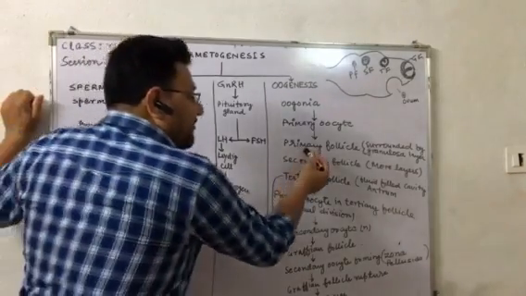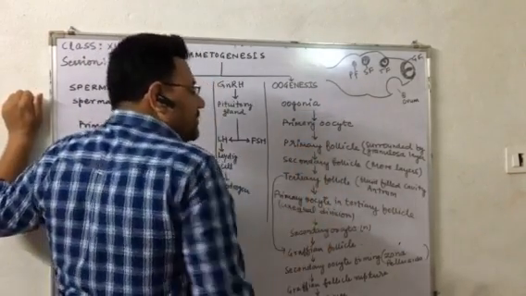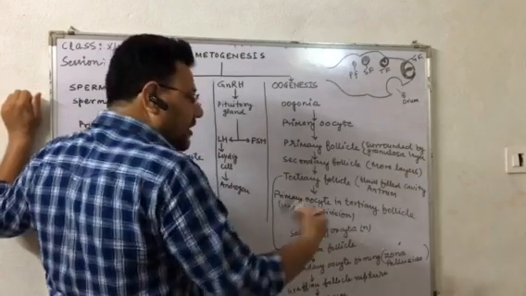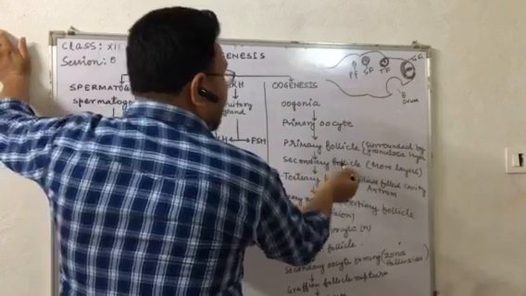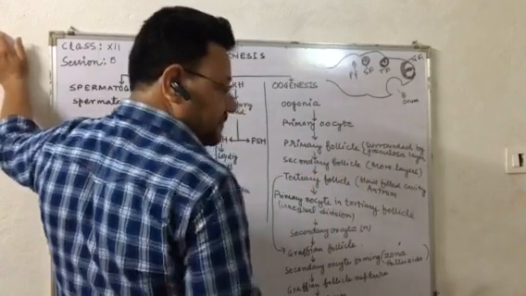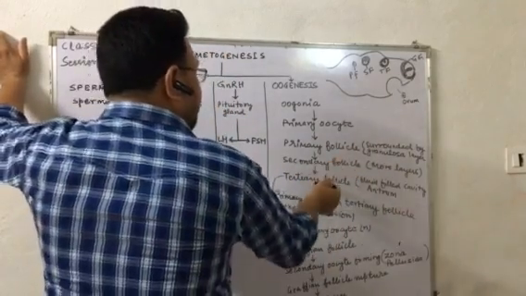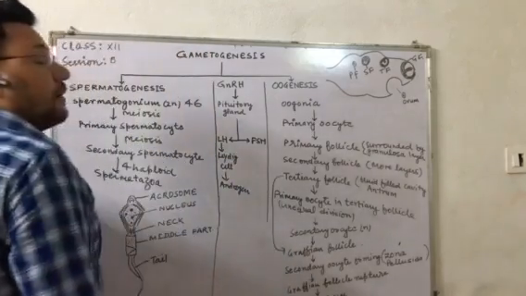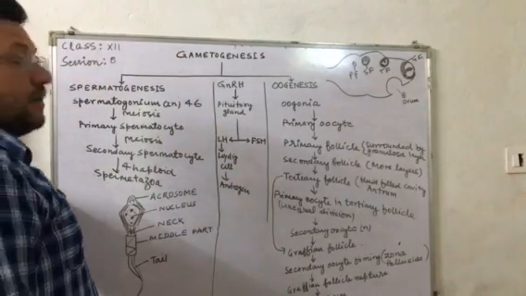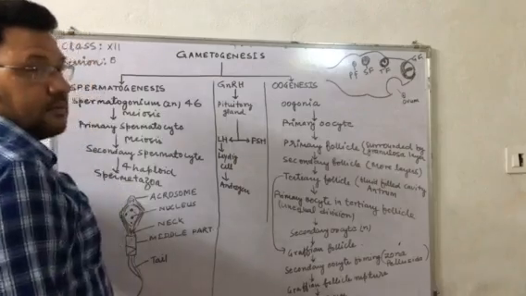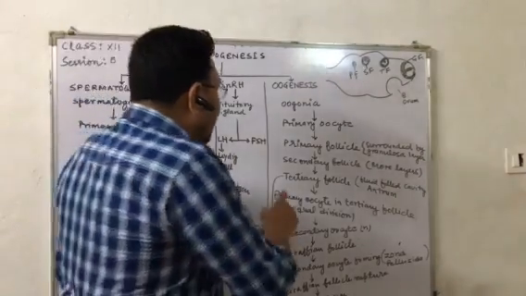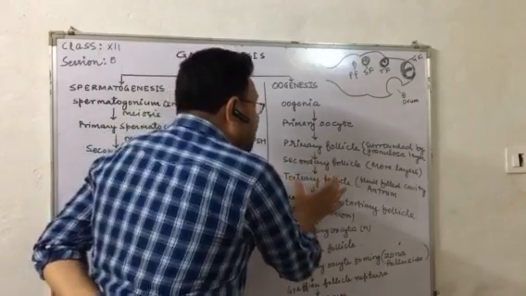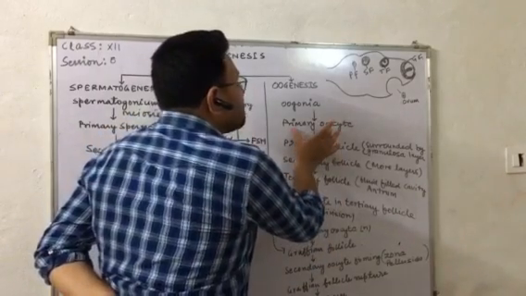When this primary follicle is further surrounded by more layers, then it is known as a secondary follicle. And when the tertiary follicle forms, the tertiary follicle consists of the primary oocyte.